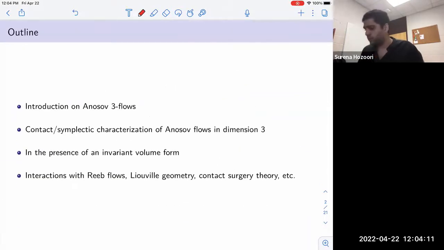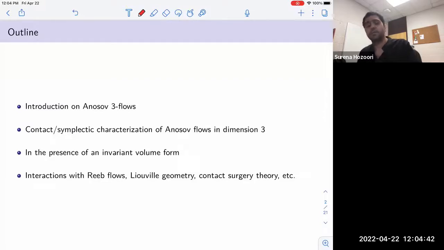I'm going to start with some basic background on Anosov 3 flows. I'm not going to assume much prior knowledge on the topic. After that, I will discuss a geometric characterization of these flows purely in terms of contact and symplectic geometry.